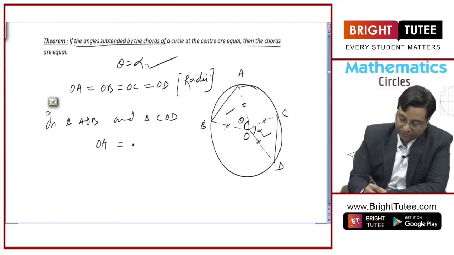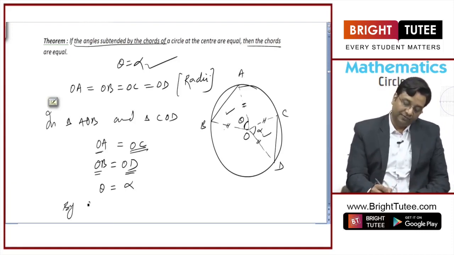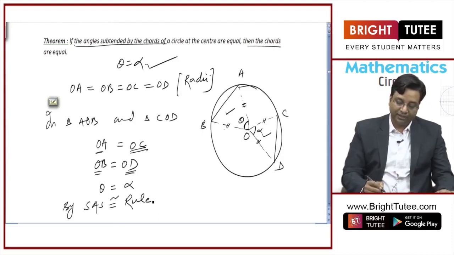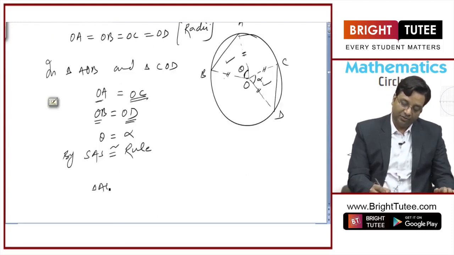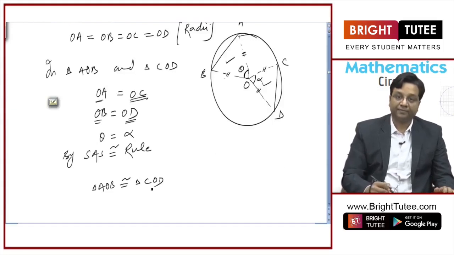OA is equal to OC, OB is equal to OD. The angle included between OA and OB, that is theta, is equal to the angle included between OC and OD, that is alpha. So by the side angle side congruence rule, triangle AOB is congruent to triangle COD.